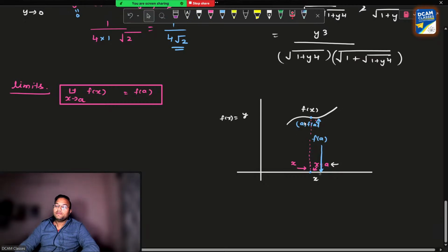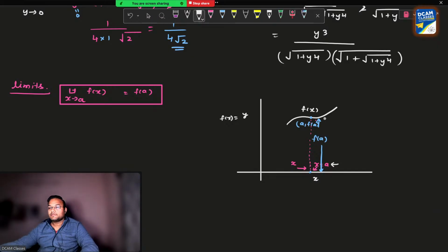But in class 12 you will learn that the graph will not be always continuous. It may be like this, means it will have some breakage, breaking at this particular point. So if the graph is broken at some point, you won't be able to find out the value of limit at x is equal to a.